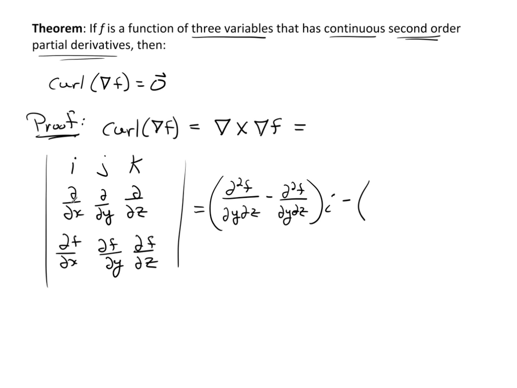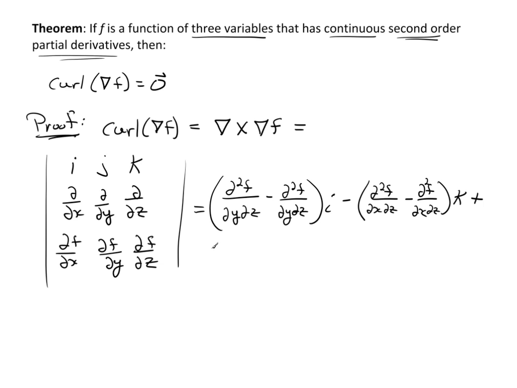Now j will give me the partial of x. So that's going to be the second partial of f with respect to x, then z, minus the second partial of f with respect to z, and then x. That's j.